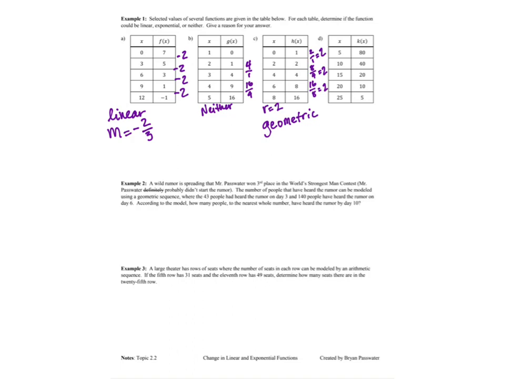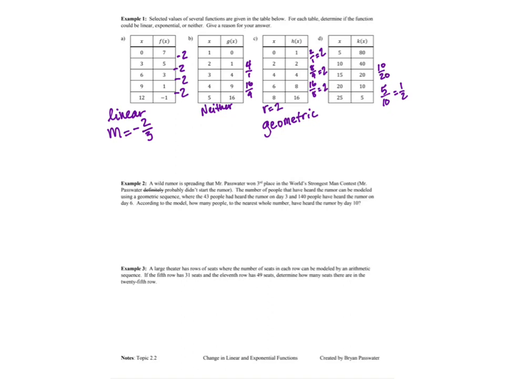All right, letter D. 5 to 10 to 15 to 20 to 25. Same equal x intervals, okay? What about our y values? What's happening? 5 over 10? It is half. 10 over 20? Half.